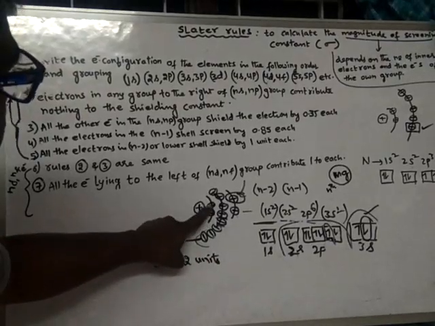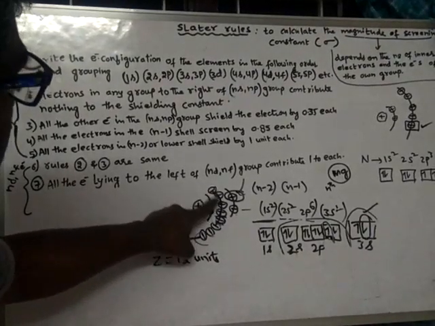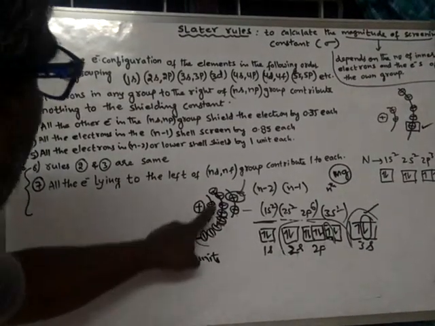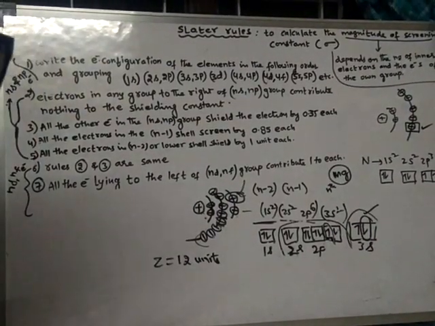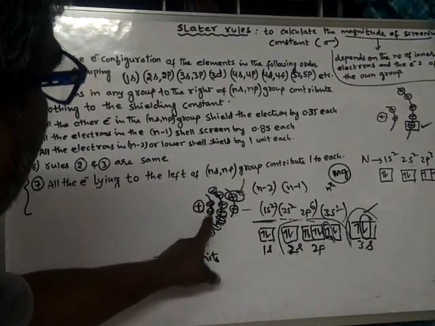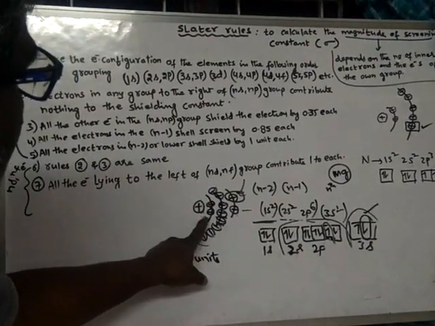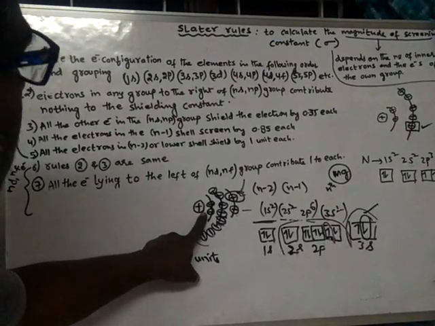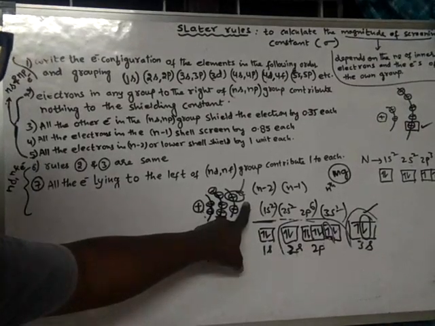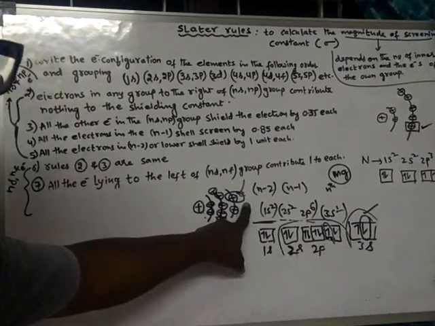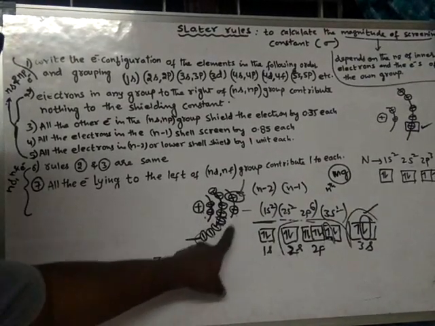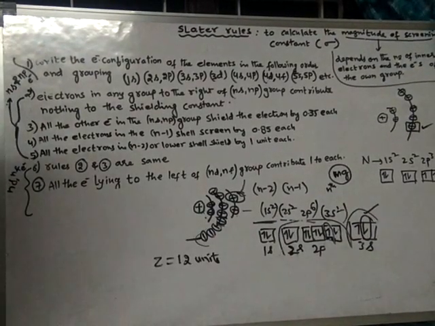But here, due to these electrons, the force of attraction is reduced by a certain amount. These electrons will show some screening effect. Okay, so as a result of the screening effect shown by these electrons, what happens? The actual force of attraction of the nucleus on this particular electron will decrease. So how much that force of attraction is decreased, we will calculate. So first of all, we will calculate the screening constant on this particular electron.